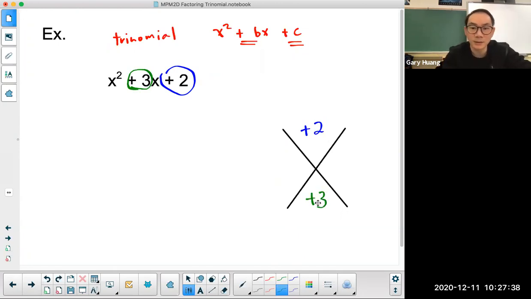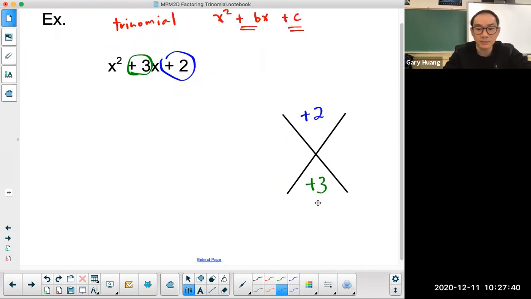And then we just play a little game. This little game is you're asked to find two numbers whose product is the top number, and whose sum is the bottom number. Sometimes it's very easy to pick out those two numbers. Sometimes it's a little trickier.